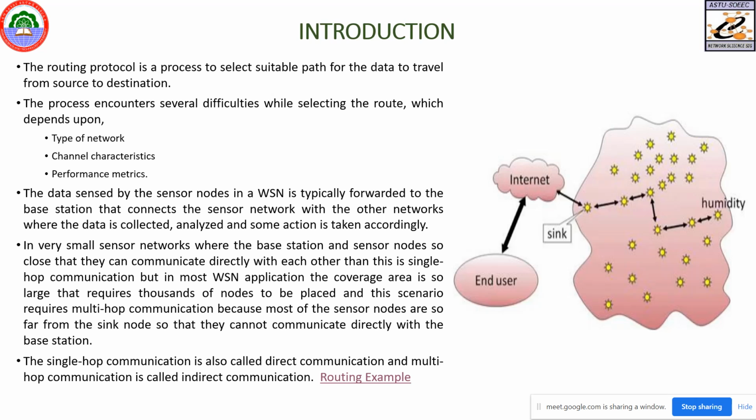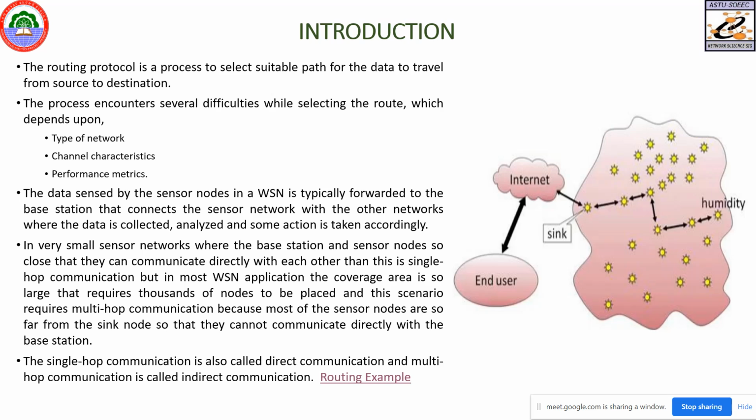When we try to resolve what the route should be to transfer the information sensed by the various sensor nodes, this source node is going to send to the sink node or the destination node by using multi-hop communication.